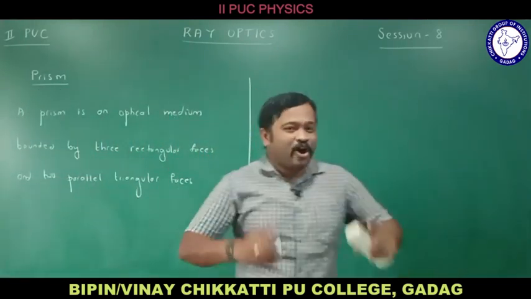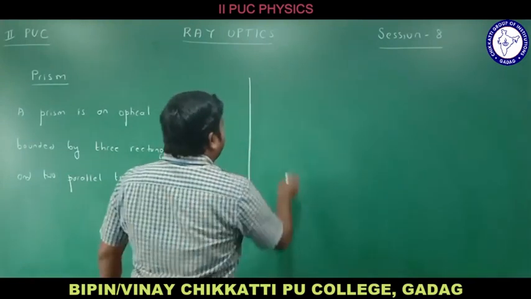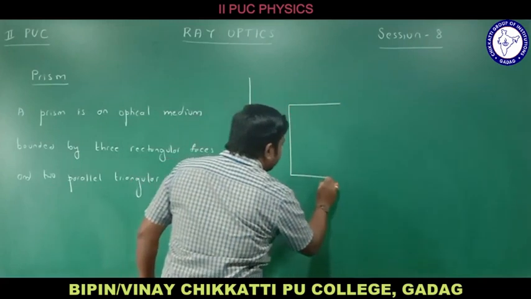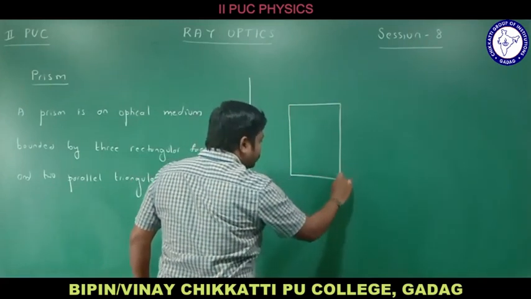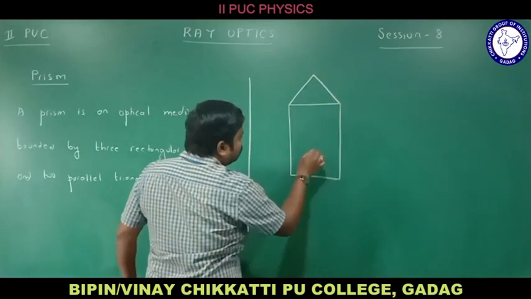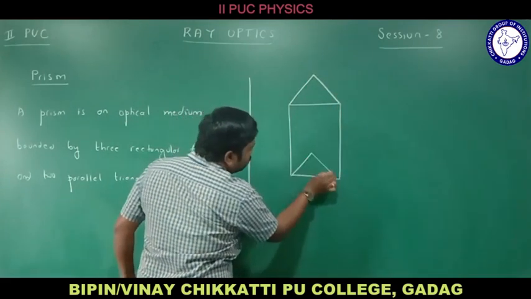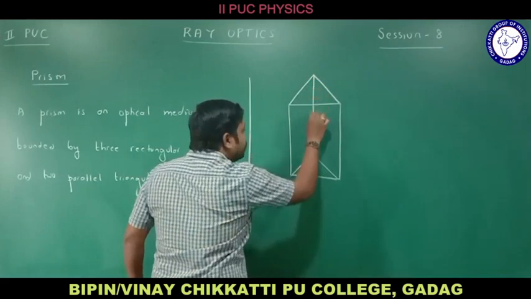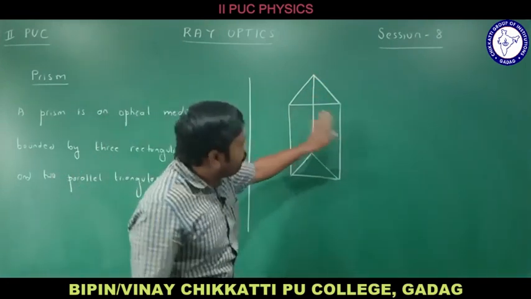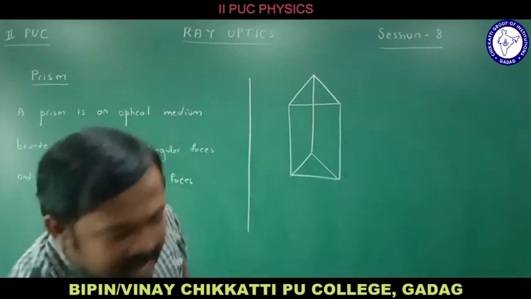Okay, let us check how the prism actually looks. It looks like this. This is the prism. It has three rectangular faces: one is the backside and the other two faces are like this.